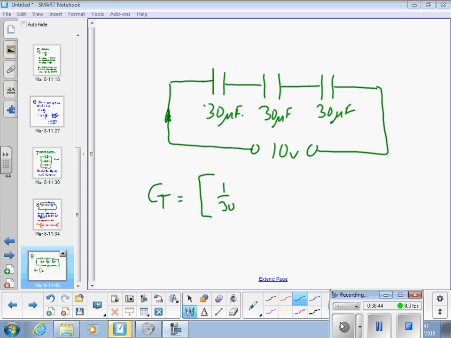Like if you get 3 30 ohm resistors in parallel, just divide by the number you've got.